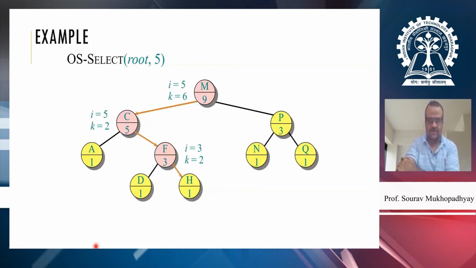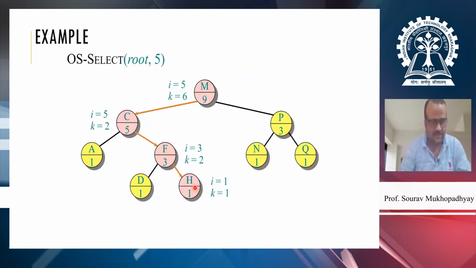So in the right part we have this node, and now what do we look for? i minus k, which is 1. We are looking for the first smallest element, and there is only one element. So the rank of this is 1. So we got the fifth smallest element, which is h. So that is the execution of this select on this example.